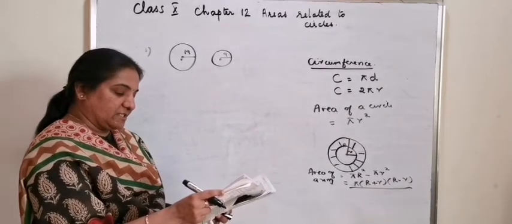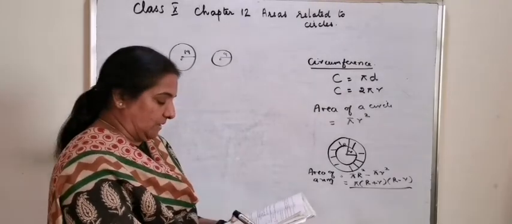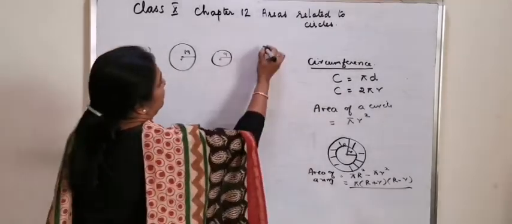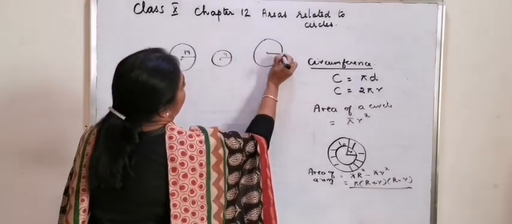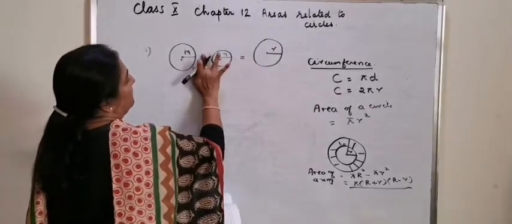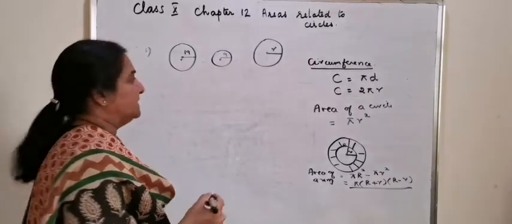Find the radius of a circle which has the circumference equal to the sum of the circumferences of these two circles. You need to find the radius of another circle whose circumference is equal to the sum of the circumferences of the given two circles.